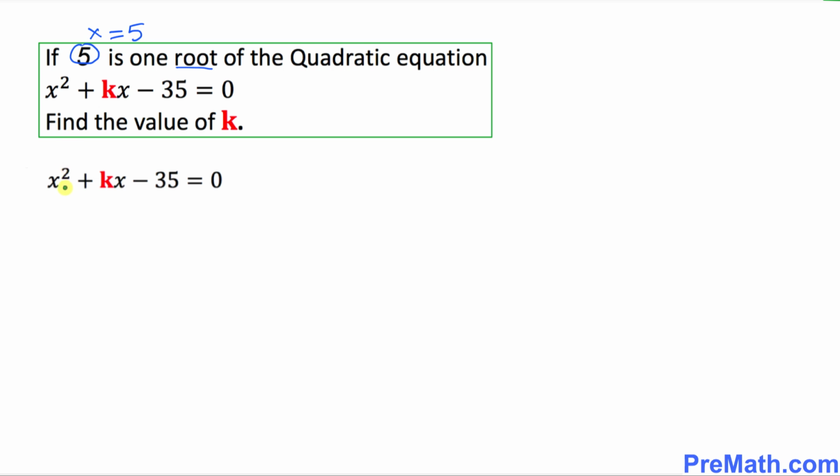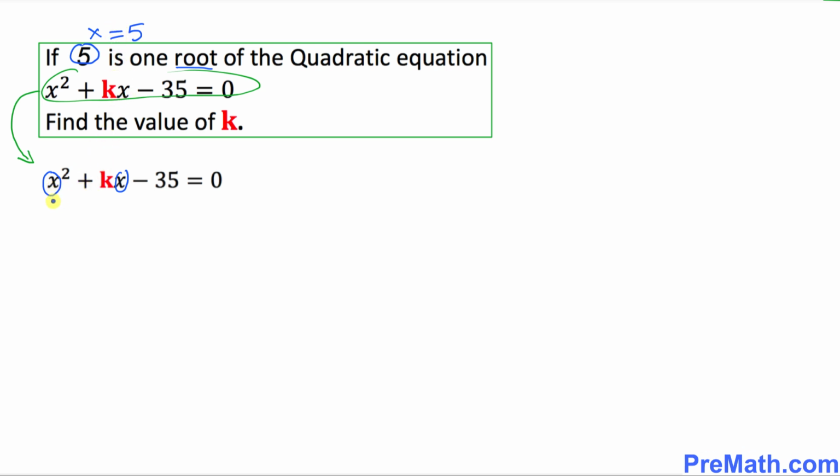And here I have put down the same quadratic equation, the one given over here. The next step is, wherever you see x in x squared plus kx minus 35, you replace it by 5.